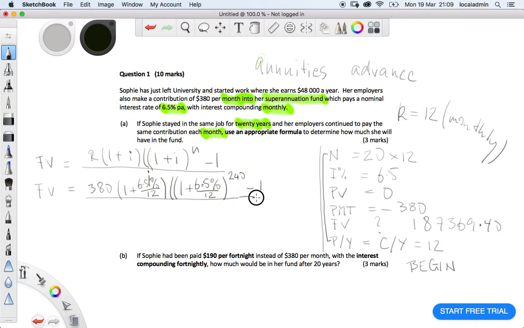We take 1 away. If you ever wondered why, it's because when we make our payment, that last payment hasn't accumulated any interest yet. We need to wait for another month. So we make a payment at the beginning of the month and get the interest for the previous month. This is why we're doing minus 1.